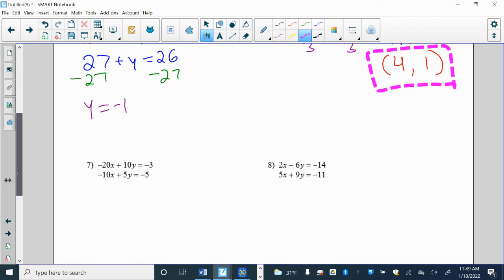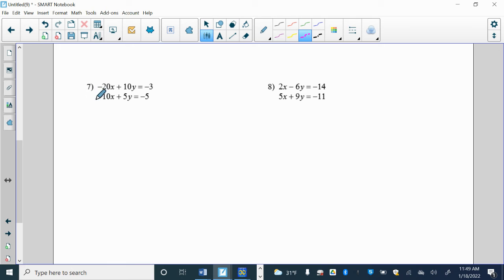Okay, try another one. If we looked at 7, if we added straight down from the beginning, the x's would not cancel, the y's would not cancel, so we have to change one of the equations. So this is the process that we'll go through. So if we have a negative 20x here, we want the bottom to be a positive 20x. If you think about how could you change a negative 10x to a positive 20x?